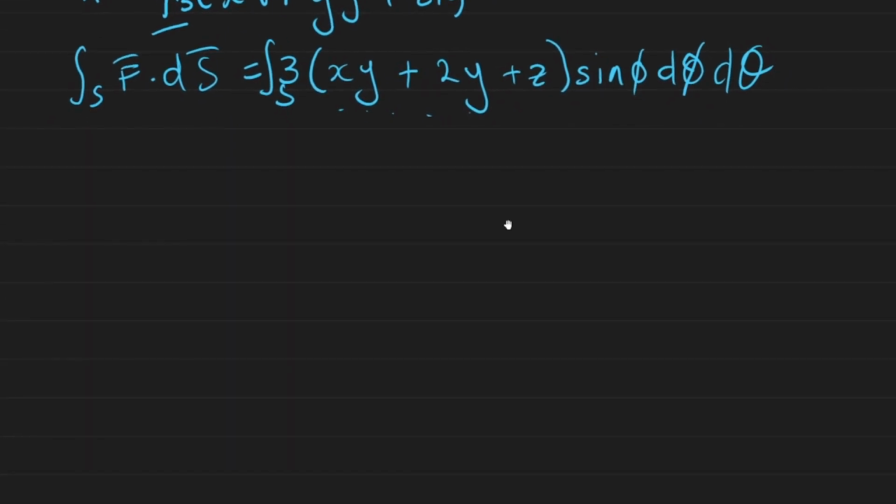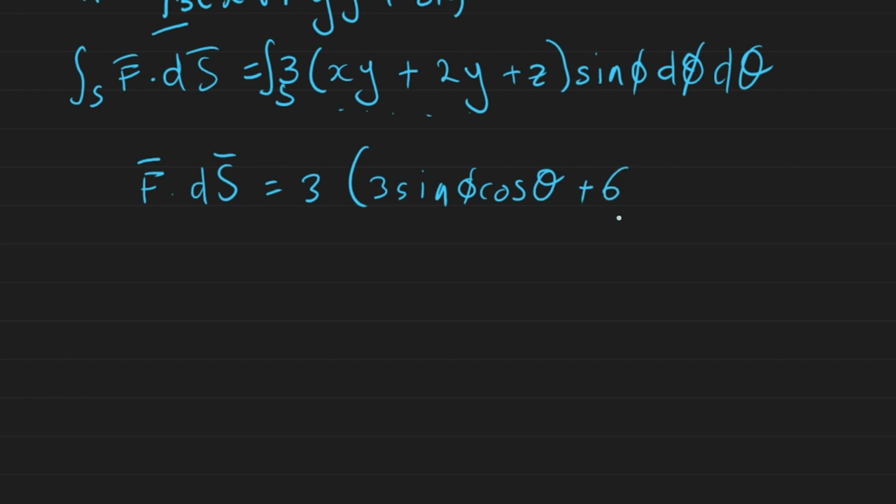So when we make those substitutions, firstly, we won't put in the integral bounds just yet. We'll just say that f dot ds is equal to 3 into 3 sine phi cos theta. So I just substitute in what x and y is.